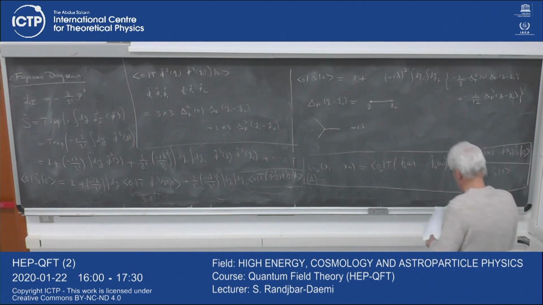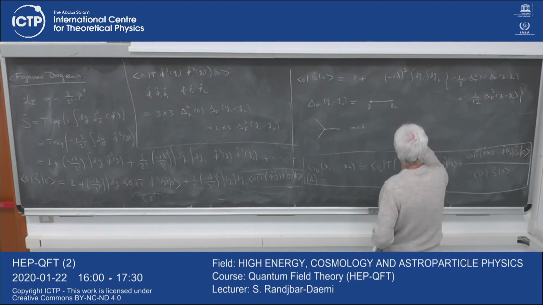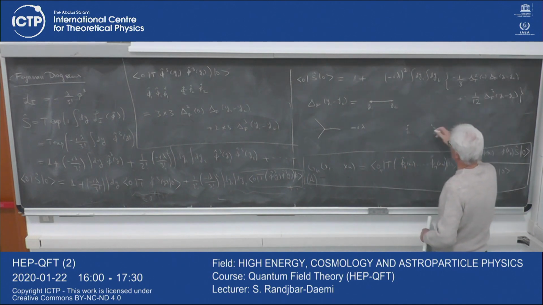And therefore the first term, this one, there is point y1 and point y2. There is a line which is joining them.